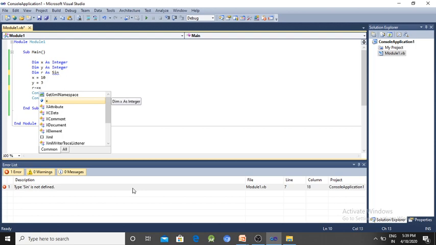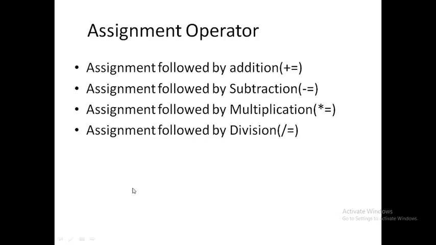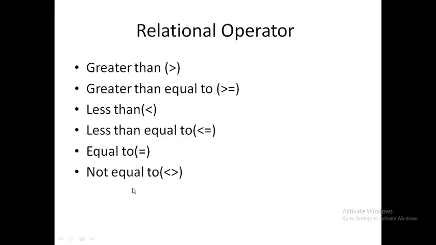Then we have to discuss the other operator, the relational operator. Relational operators are greater than, greater than or equal to, less than, less than or equal to, and not equal to. The third type of operator is the relational operator, also called the comparison operator.